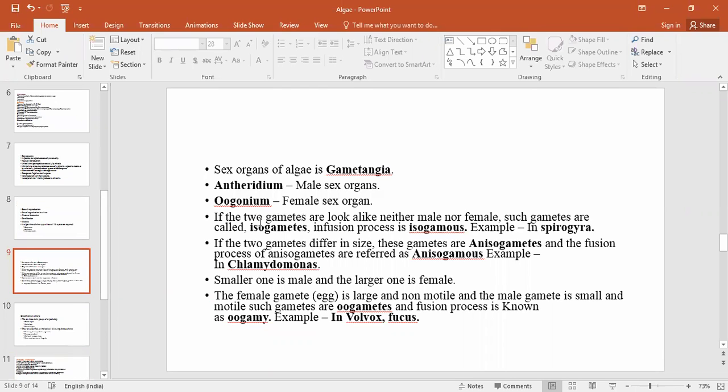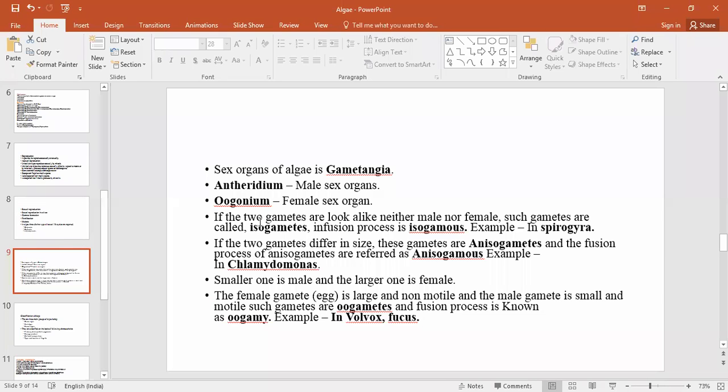When they reproduce by the sexual mode, sex organs are present, called gametangia. The one which possesses the male sex organ is called the antheridium. The second, which possesses the female sex organ, is called the oogonium.